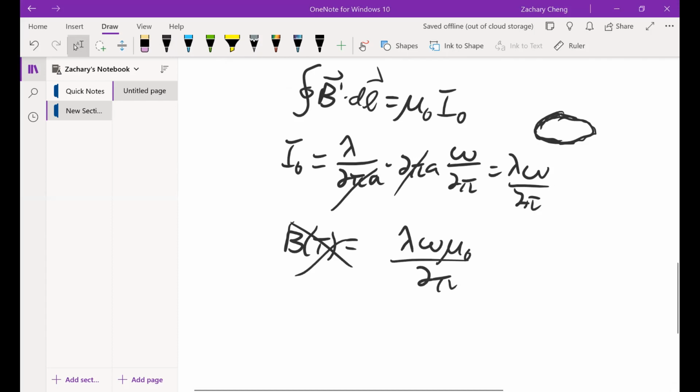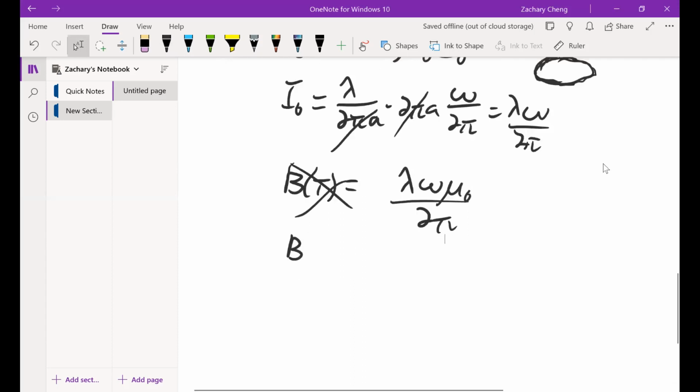So then we integrate this, and we get that the Bt should be equal to, oh yeah, okay.